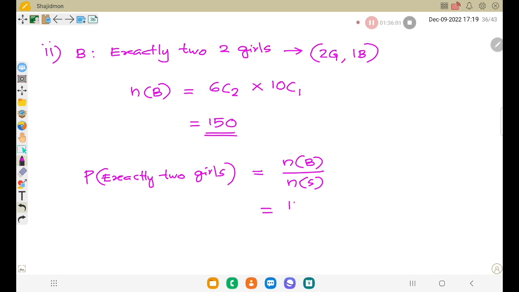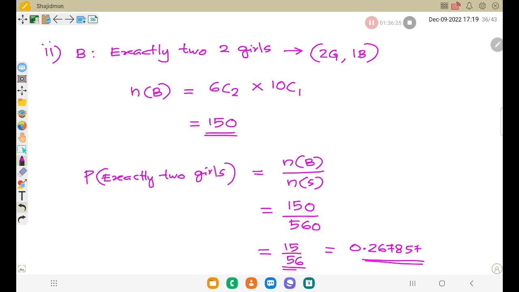That is 150 divided by number of elements of S, 560, correct? Or you can write 15 divided by 56, or approximately you will get 0.26787 like this. Okay, approximately.